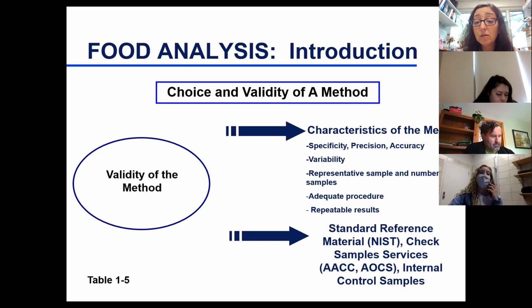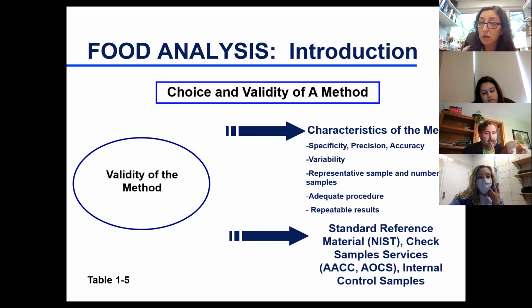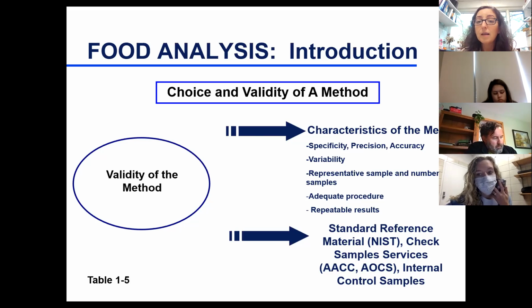You get these standards from the National Institute of Standards and Technology. They provide you with standards and tell you what the compositions or values are of whatever you're trying to test, and then you analyze it using that method and assess the validity of the method that way.